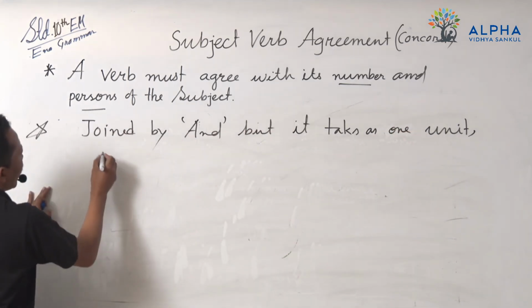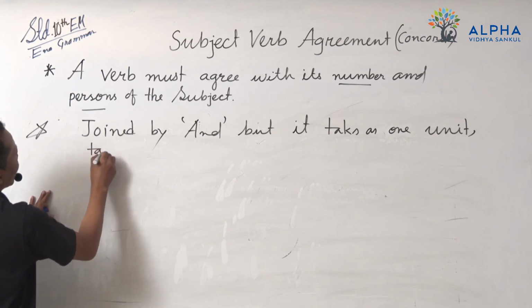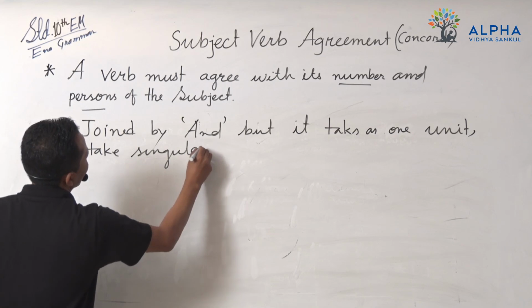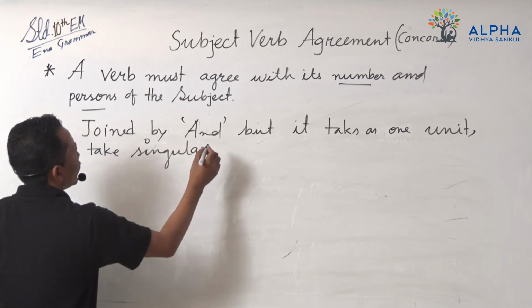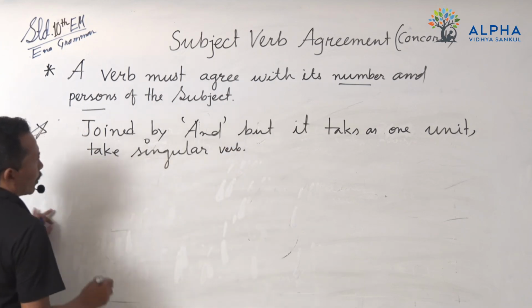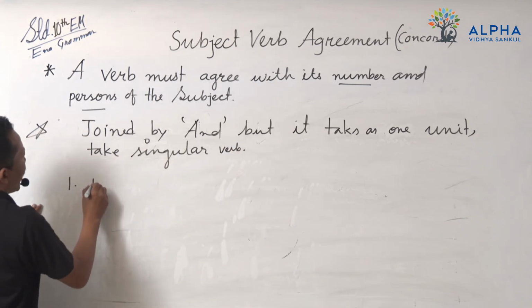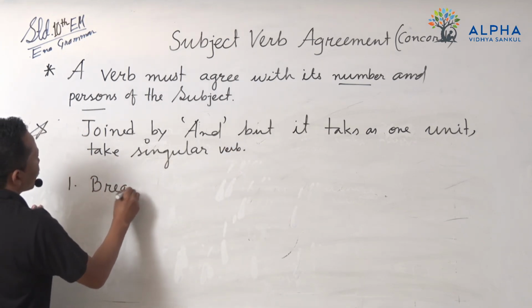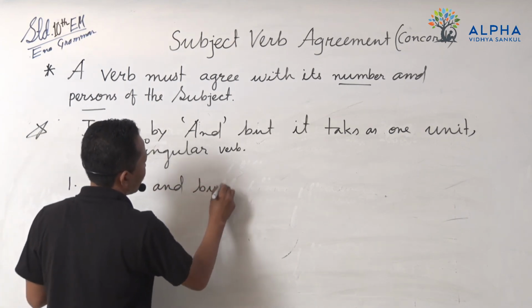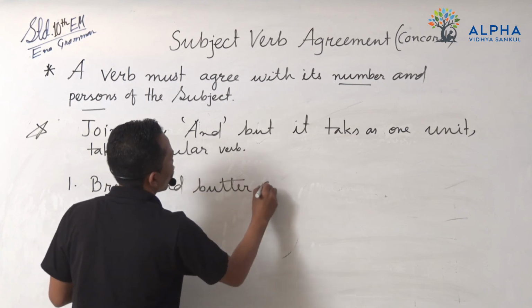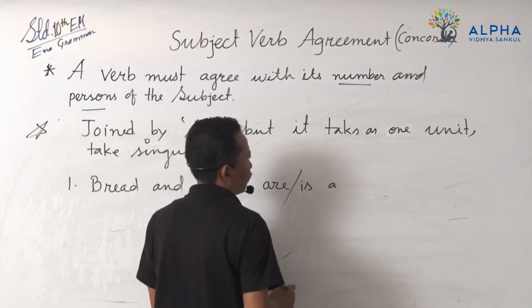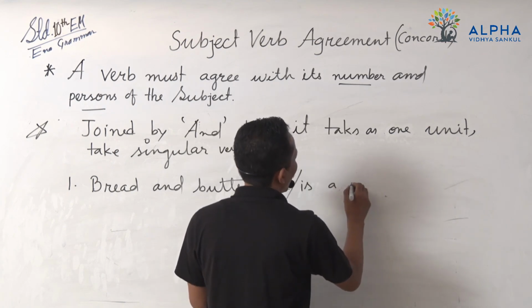Then we have to take what? Take singular verbs, students. Now you see, bread and butter. Students, are or is a good food?